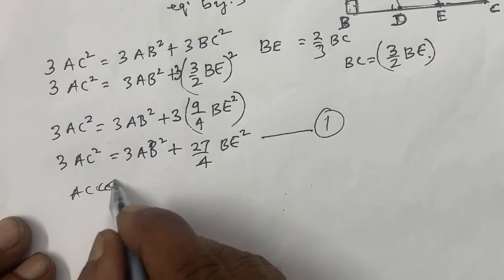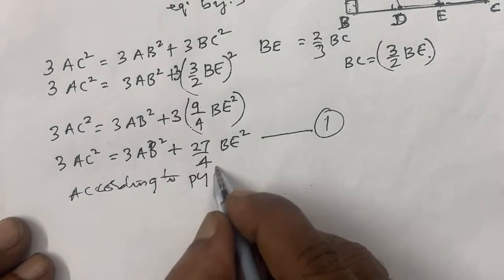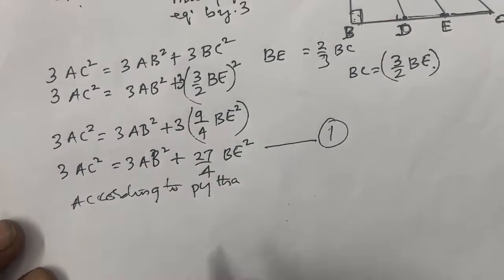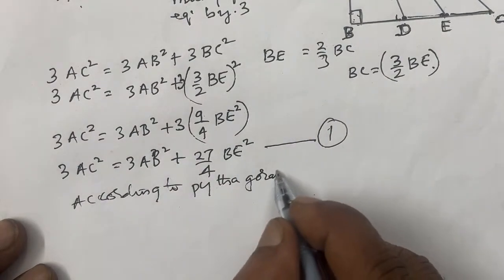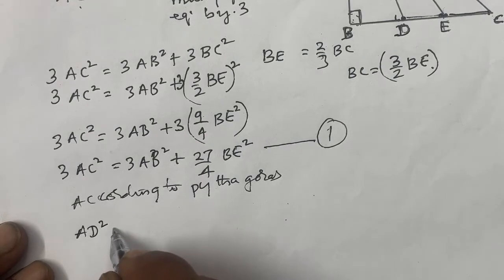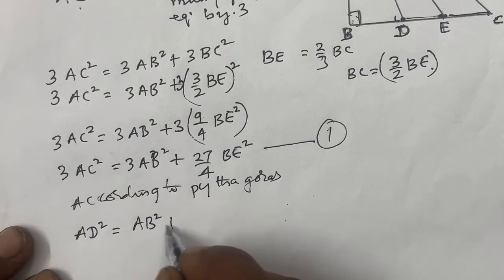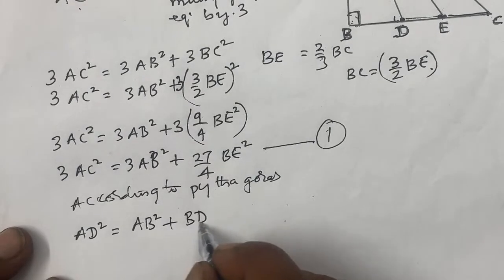According to Pythagoras, AD square is equal to AB square plus BD square.